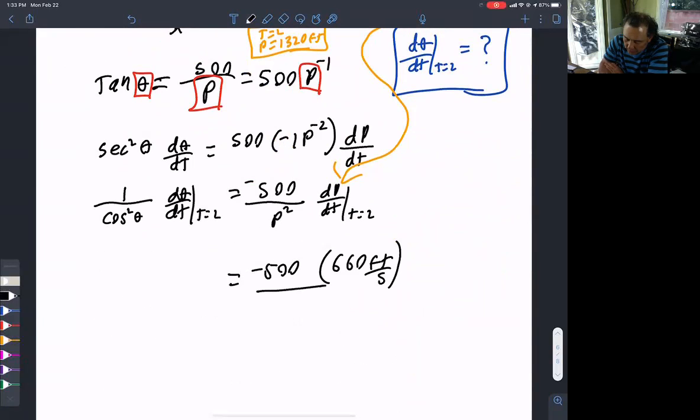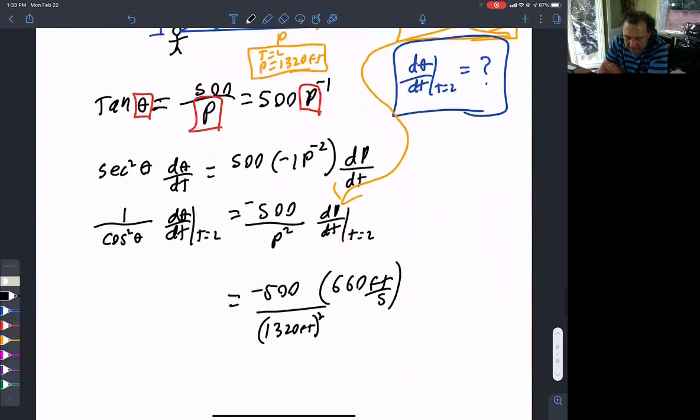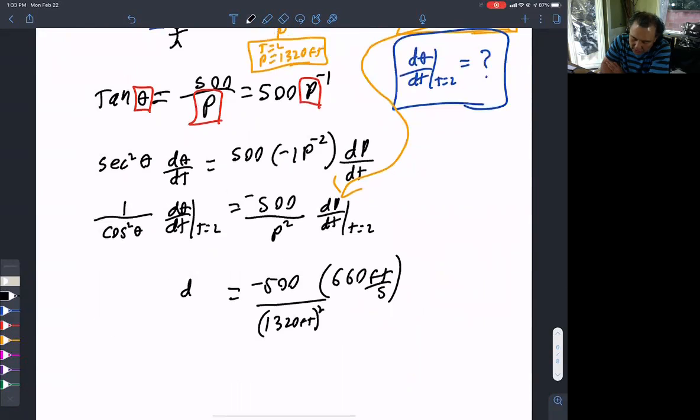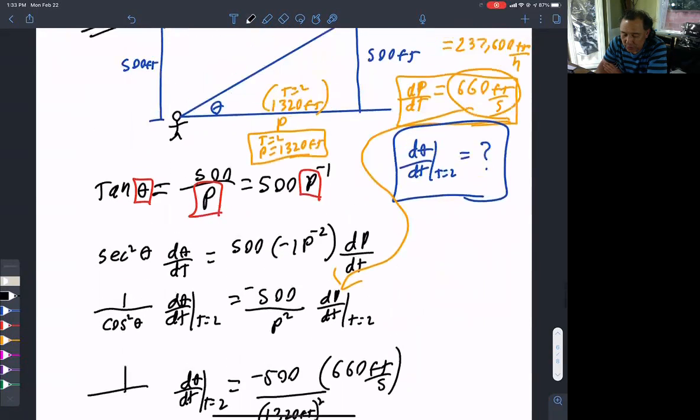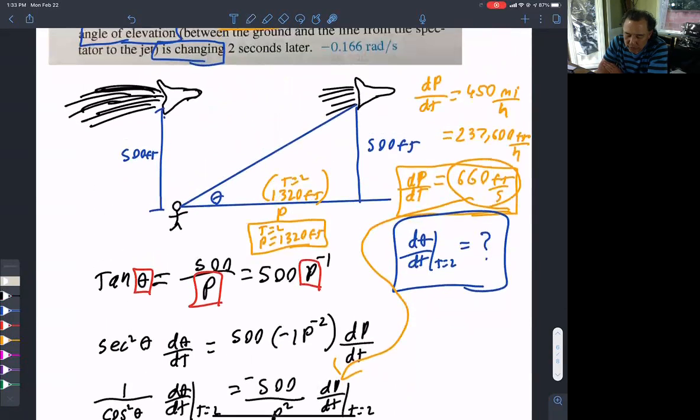So p will be 1,320 feet. And then we still have the cosine to deal with. So I'm stuck on figuring out the cosine. What's cosine of this angle? Well, look at this triangle. We know cosine is adjacent over hypotenuse. Can I figure out the hypotenuse?